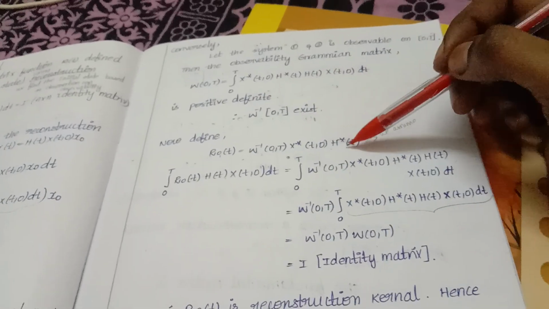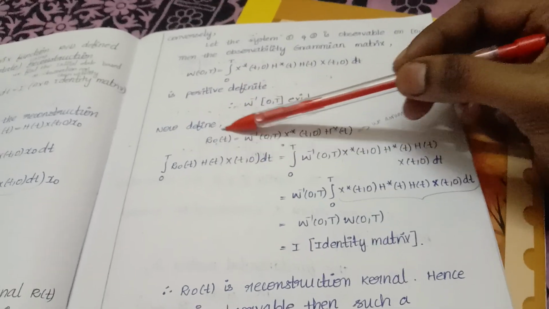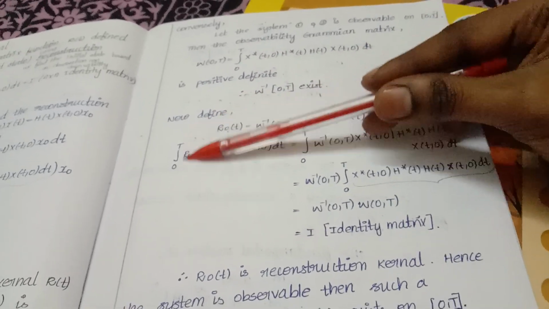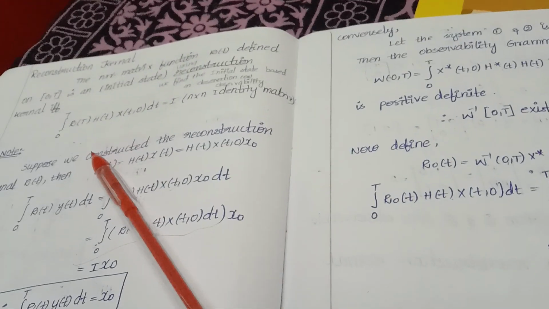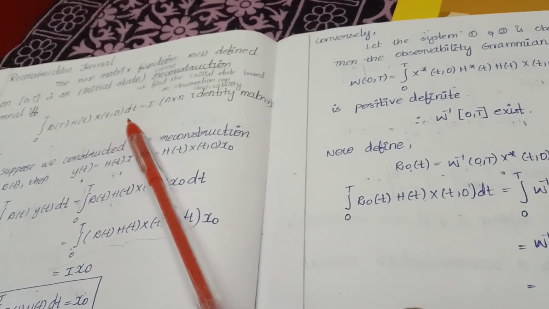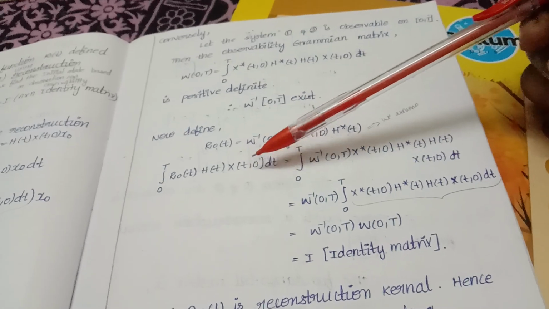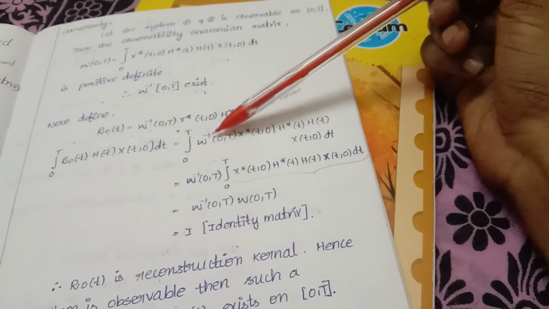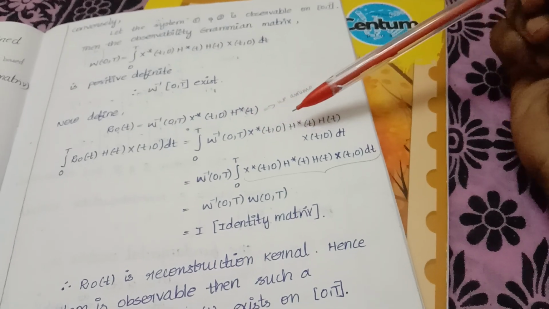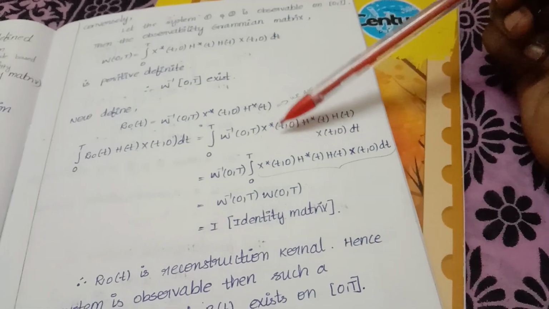If we assume this is a reconstruction kernel, it should satisfy the form integral 0 to T R of t h of t x of t comma 0 dt equal to I. So for that, integral 0 to T R naught of t h of t x of t comma 0 dt, instead of R naught of t we replace W inverse of 0 comma T x star of t comma 0 h star of t h of t x of t comma 0.